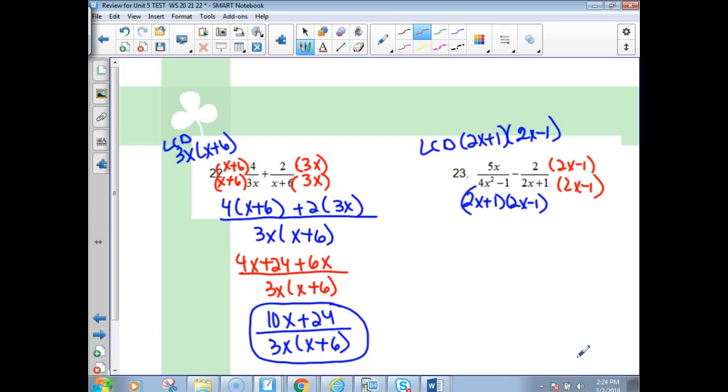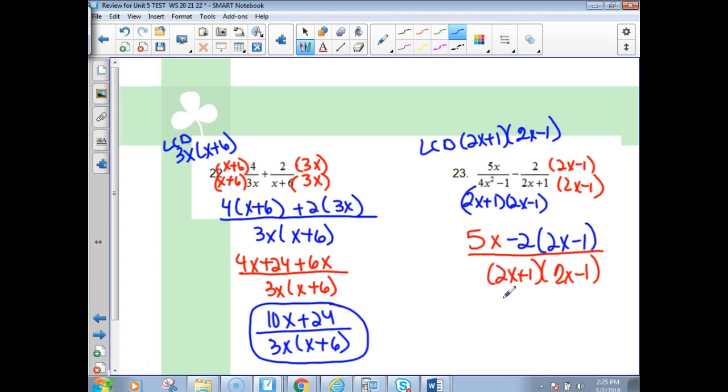Okay, now, I don't have to do anything to the first fraction because it already has the whole LCD. So I just rewrite that one, 5x, and I'm going to put it over the least common denominator of x plus 1 times 2x plus 1 times 2x minus 1. So I bring the minus 2 with it, and I multiply that times 2x minus 1.